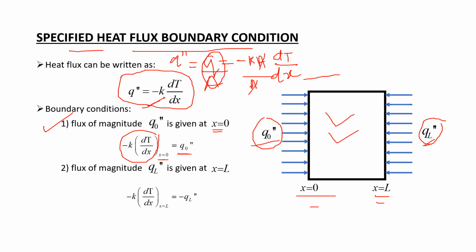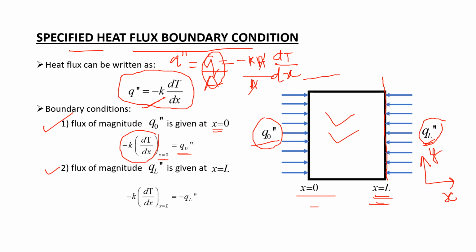Now let's move to the second boundary condition. Looking at the figure, the surface at x equal to L has a flux of magnitude qL. One thing to note here is that suppose this is the x direction and this is the y direction.